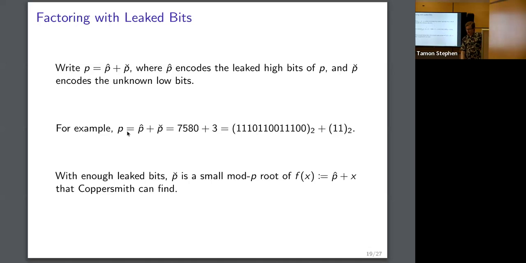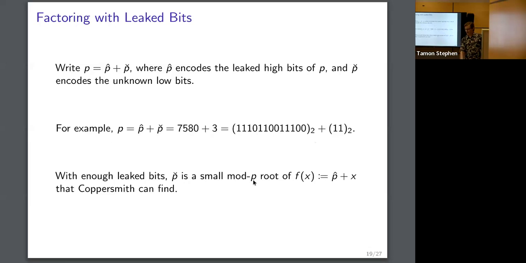So let's say p is 7583, where we split it into two parts. The high bits will be 7580, the low bits will be 3. This is just a toy example, but the whole process generalizes. So from knowing p hat, we're going to find p check.